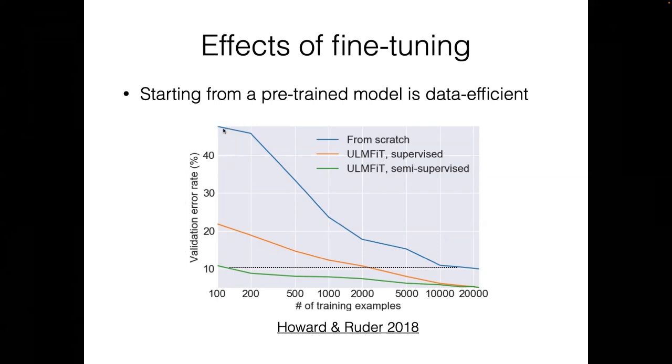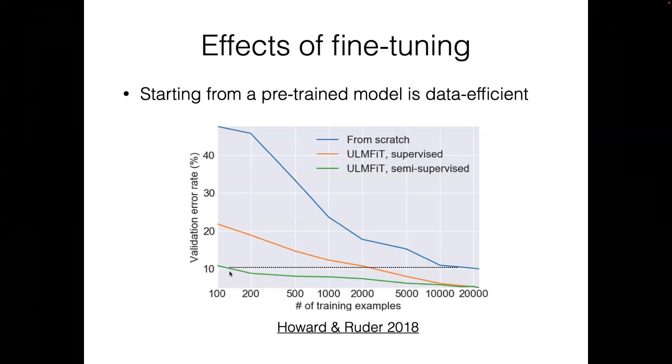And you can see that if you train from scratch, then it actually requires a lot of examples, roughly 10,000 to reach this performance level of 10 percent, whatever that means. Whereas these two are two different strategies for pre-trained models, and you can see that this one only requires 2,000 examples, and then this one actually only requires like 130 examples to reach the same performance.